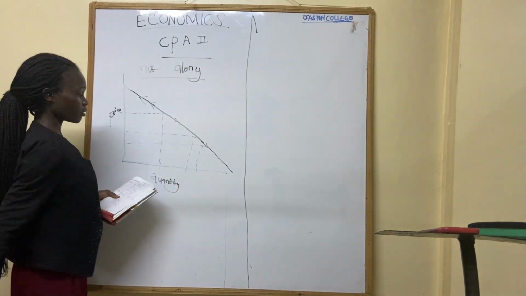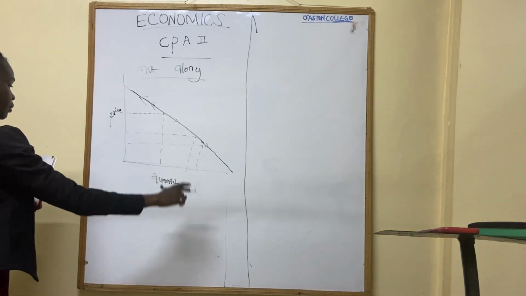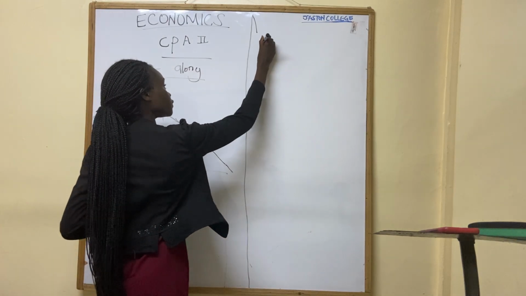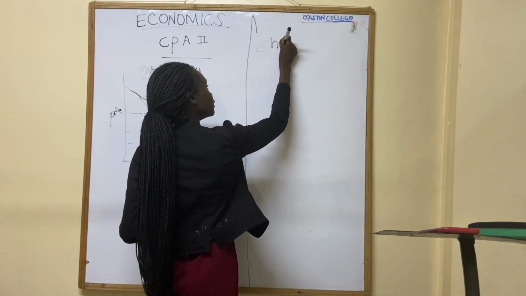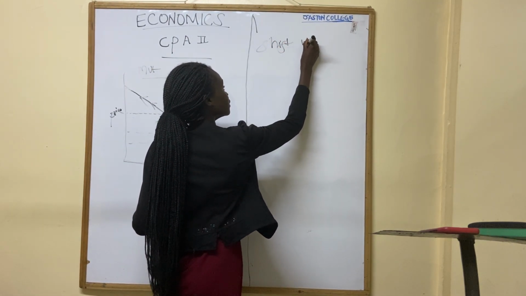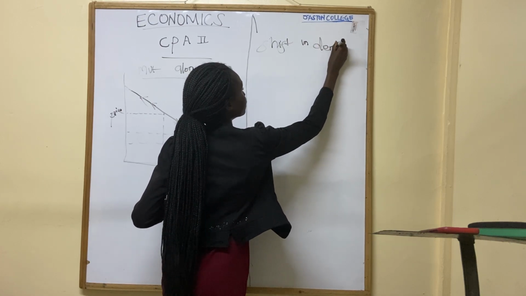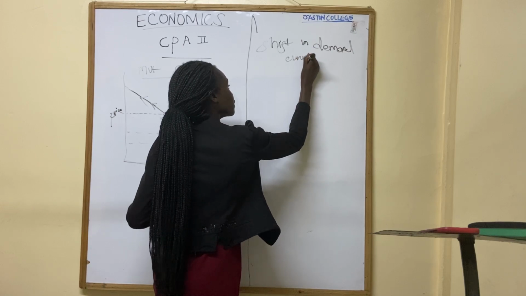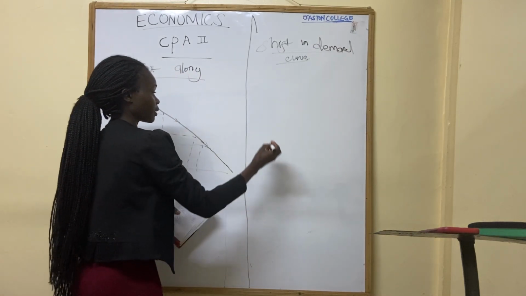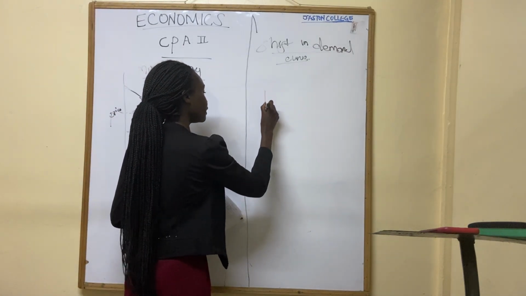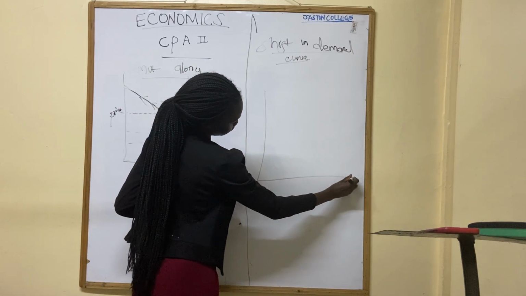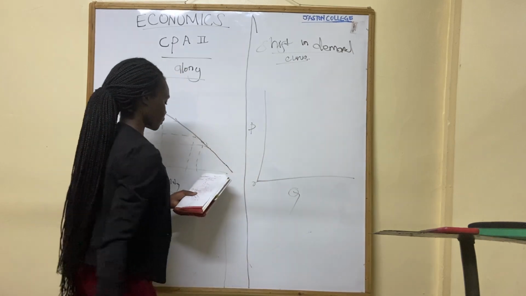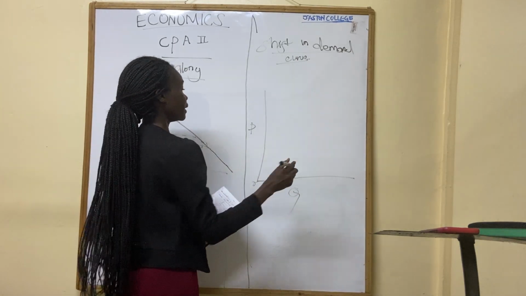The second one is a shift in the demand curve. The curve looks like this. Price, and we have quantity here.